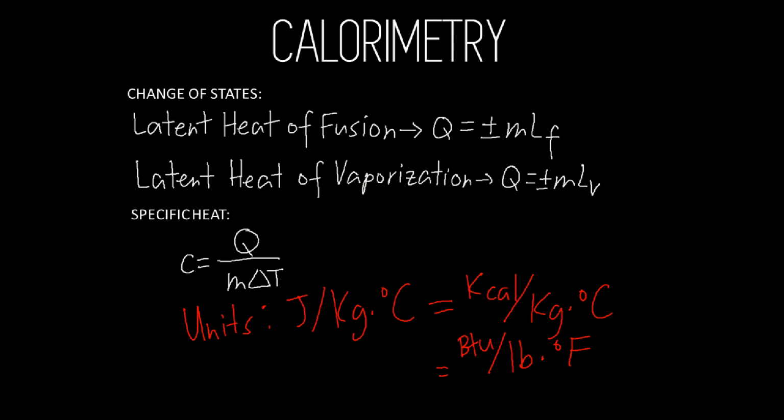Take note that water is said to have the highest specific heat capacity, but ice and steam, which are the changes in phase of water, have lower specific heat than water.